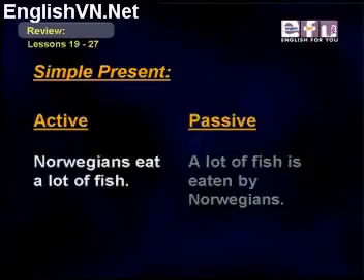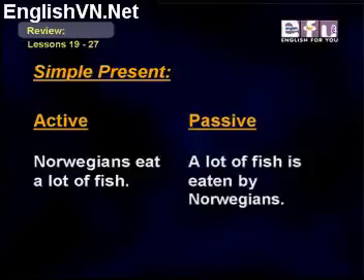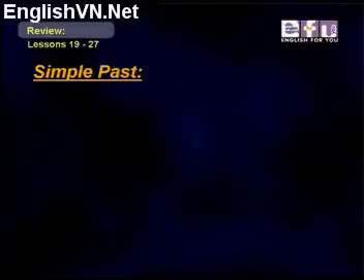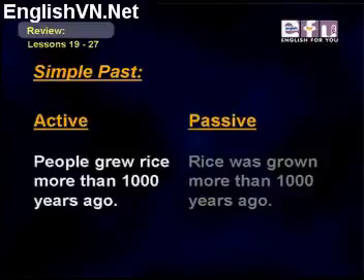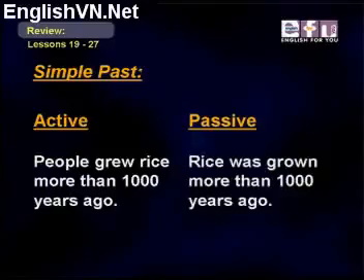For example, Norwegians eat a lot of fish. Passive sentence, a lot of fish is eaten by Norwegians. Okay, next example, simple past, active. People grew rice more than 1,000 years ago. Passive sentence, rice was grown more than 1,000 years ago.